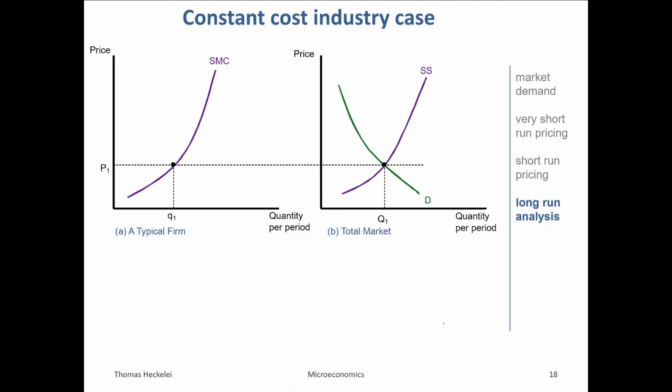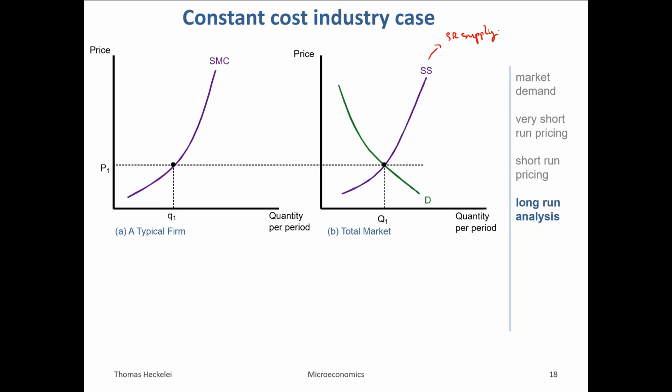So on this graph, currently we have a short run market equilibrium. SS means short run supply. And why do we start with the short run? Because like I mentioned, a long run period is just simply many short run periods put next to each other.